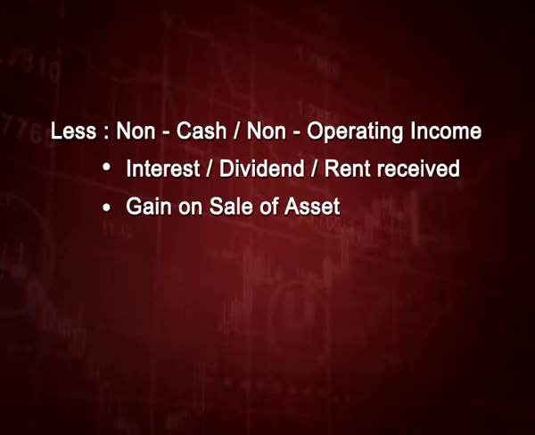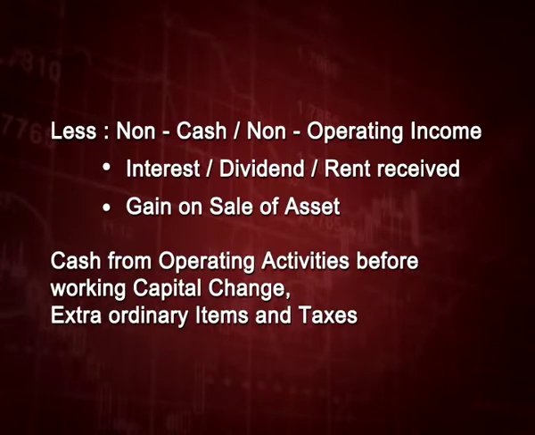Now, what you get is cash from operating activity before working capital change, extraordinary item and taxes. Now, you have to do working capital change, extraordinary item and tax. So, these three steps will follow to calculate cash from operating activity.